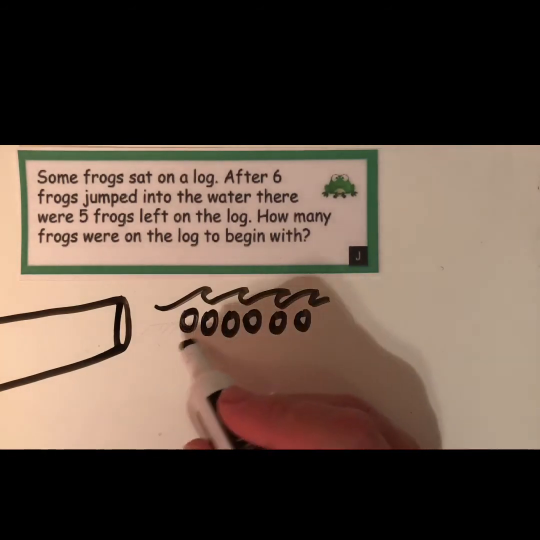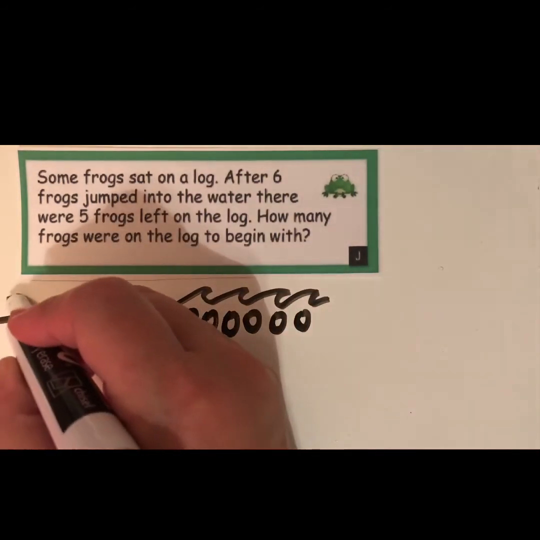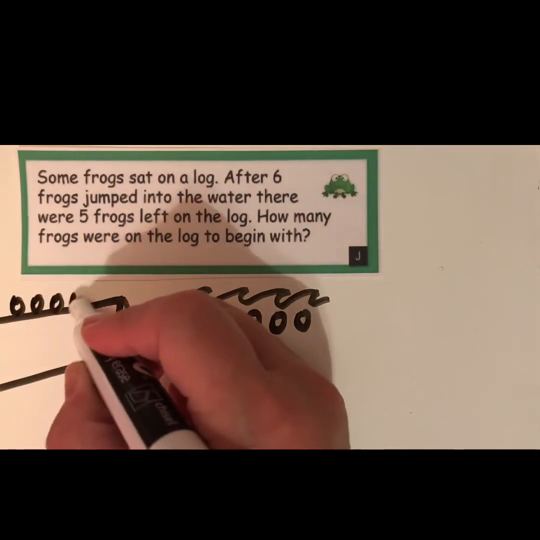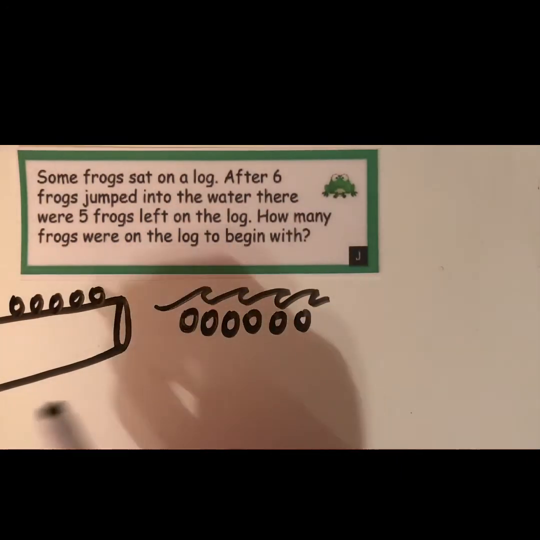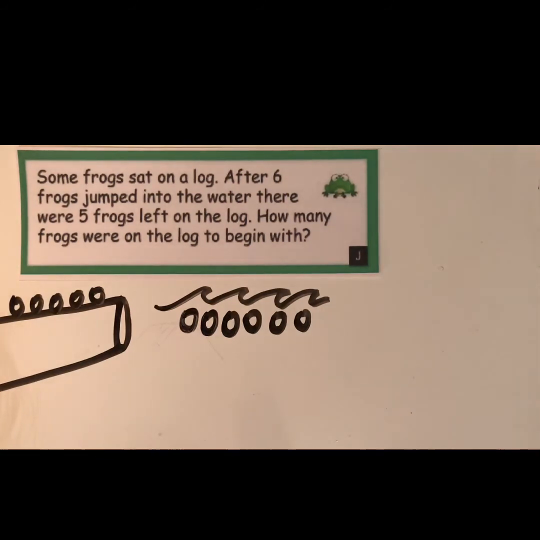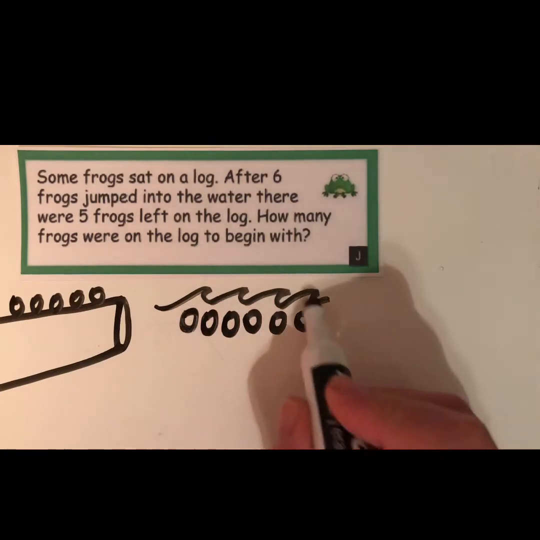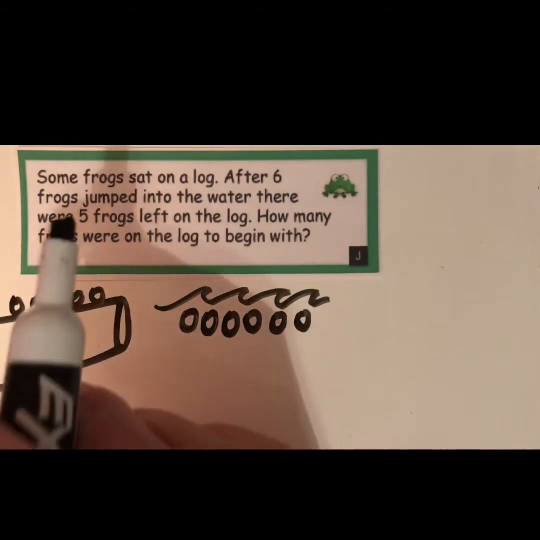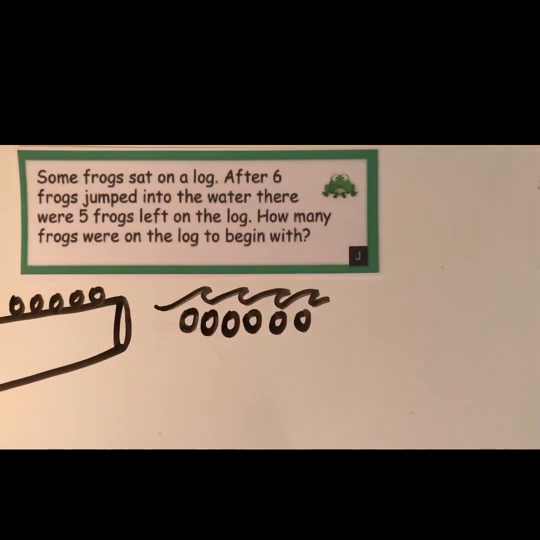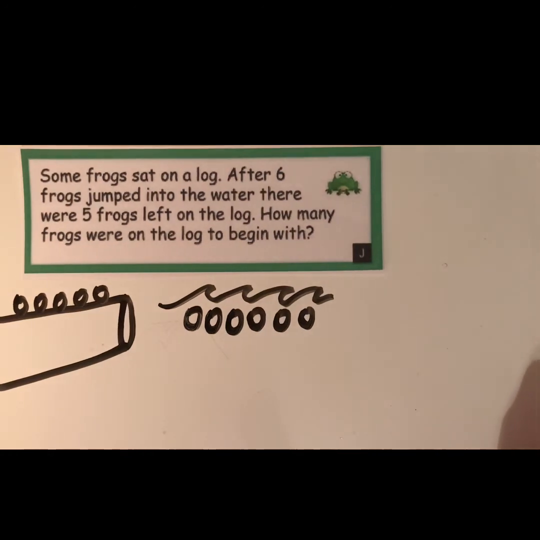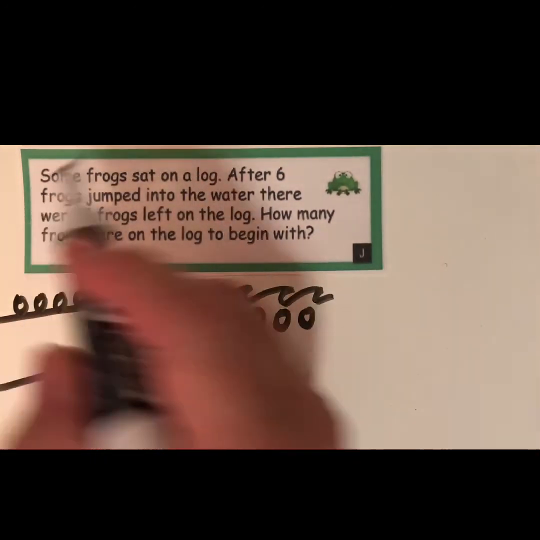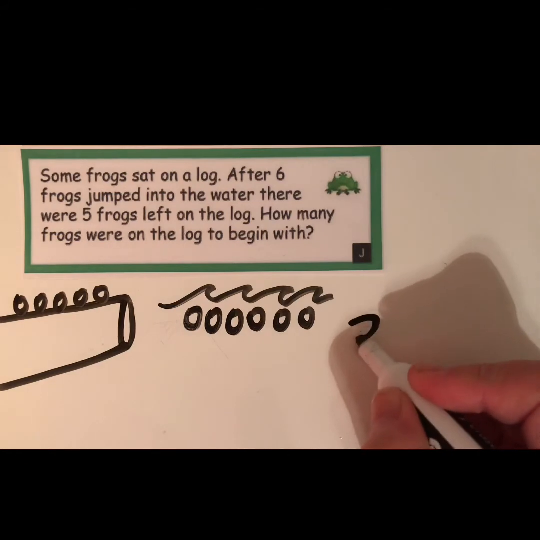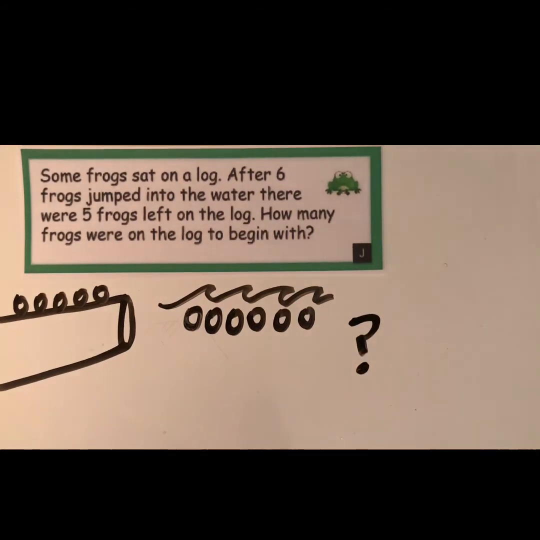After these 6 frogs jumped into the water, here are the 1, 2, 3, 4, 5 that are still on that log. So the question says, how many of the frogs were on the log before they jumped off? I see 2 parts. What we don't know is the word some. Some frogs sat on a log.